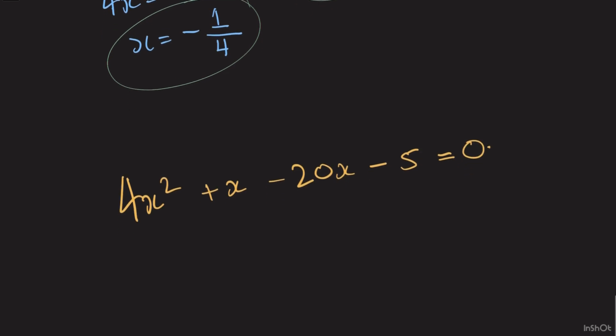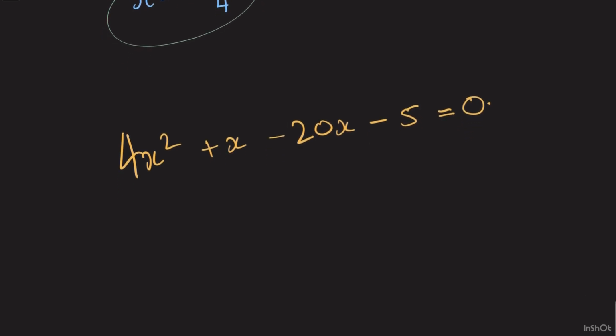So you still get the right answer, but the numbers wouldn't be as nice. For example, on this side, you would take out a factor of 20. You take a factor of 4x out again. That gets x plus a quarter.